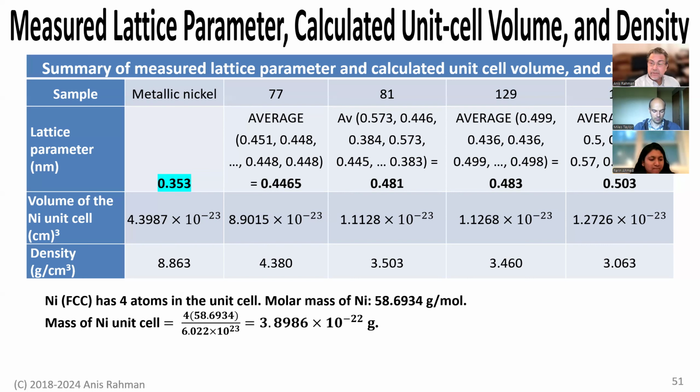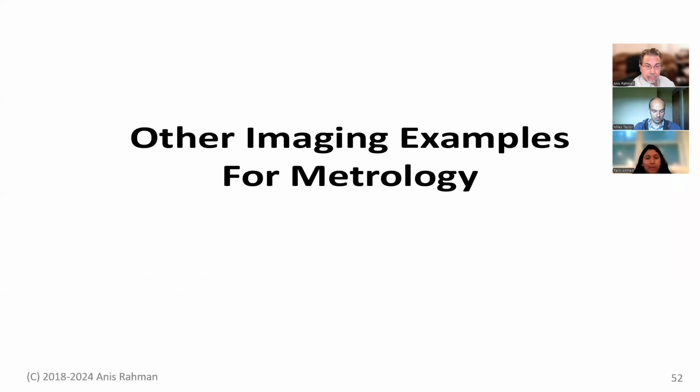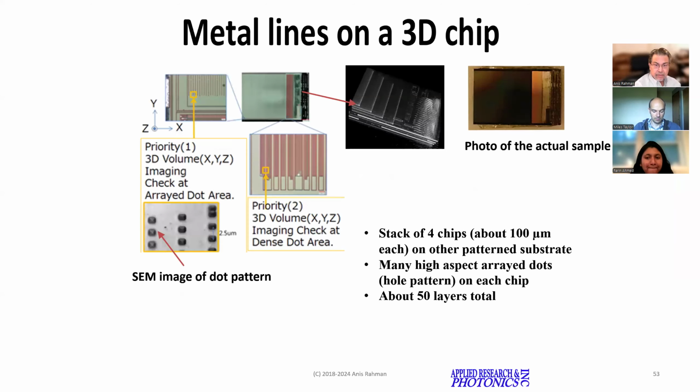There they can use this kind of technique as well for measuring the dilation. Other imaging example for metrology: this is an example from the 3D packaged chip. These days the chips are not a surface device anymore.